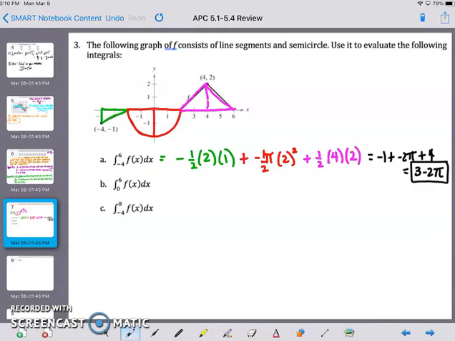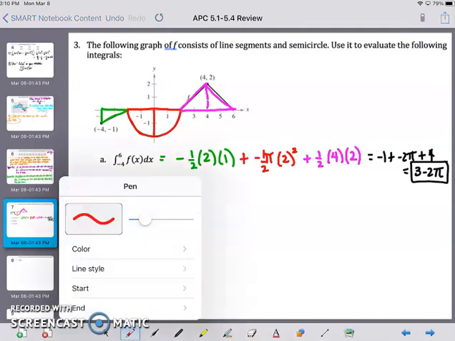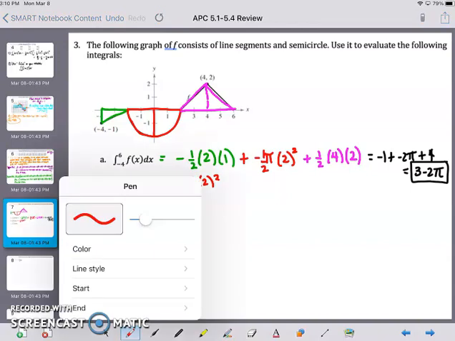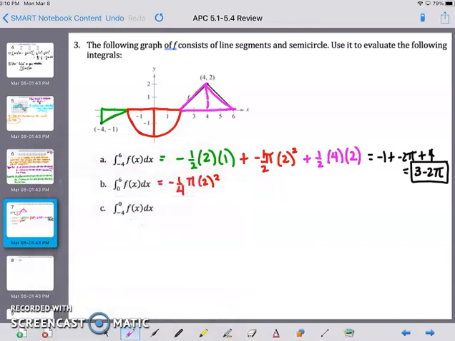For letter B, I am just going from 0 to 6. So just going from 0 to 6, I have a quarter of a circle that is going to lie below the x-axis, so -1/4 times pi r squared for that. And then I already did the equation for the area of that purple triangle.